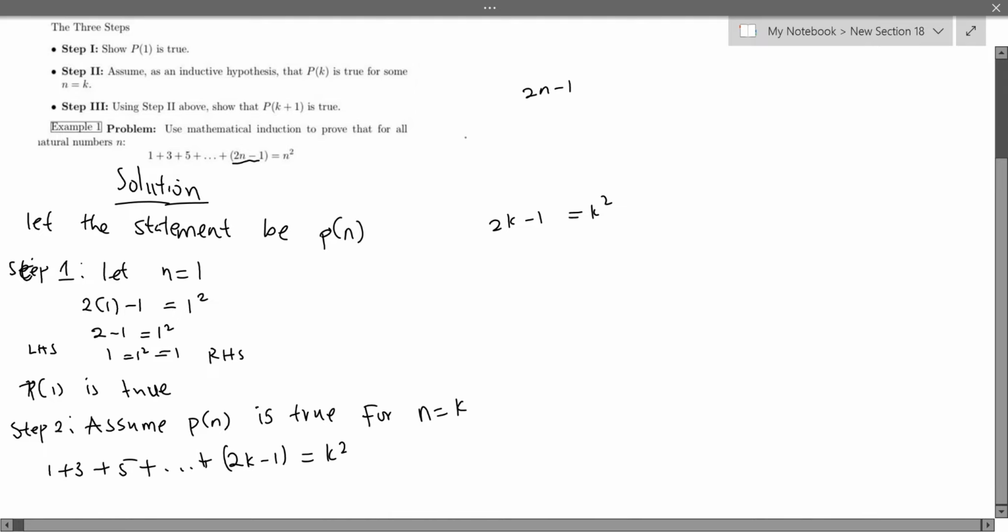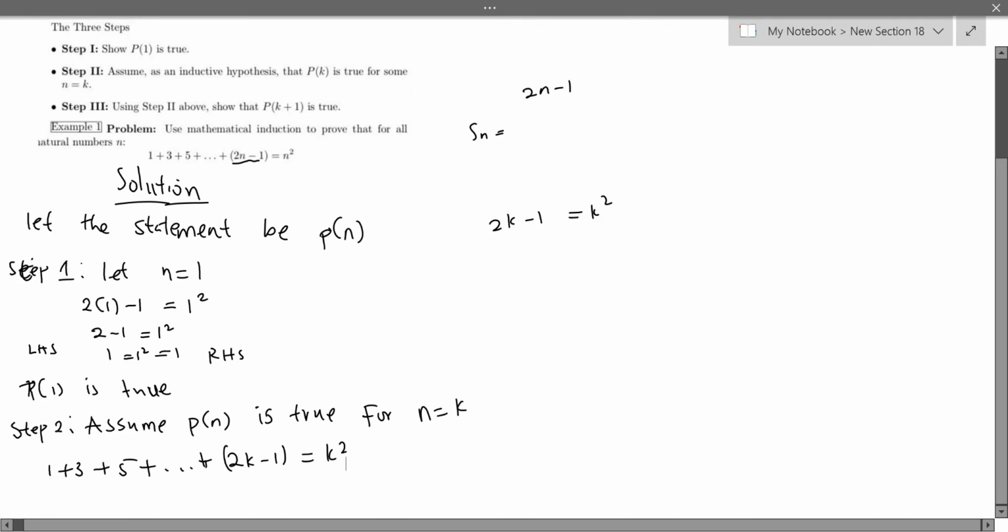But the sum of the nth term is 1 plus 3, and so on. You add the first term plus the second term plus the third term, all the way to the nth term. That is the sum of the nth term. So that is why it is 1 plus 3 plus 5 all the way to 2k minus 1, and it equals k squared.